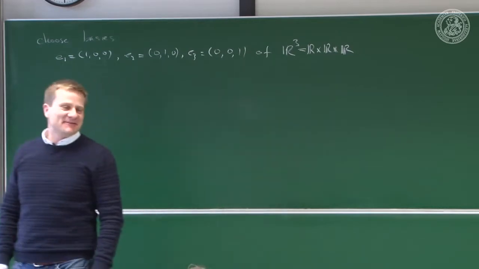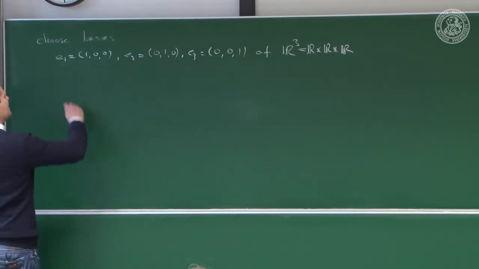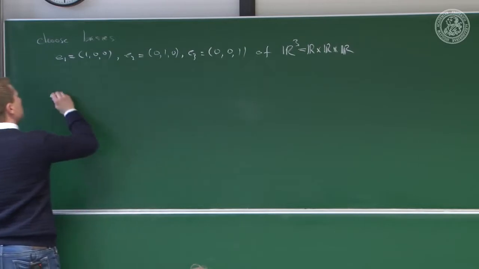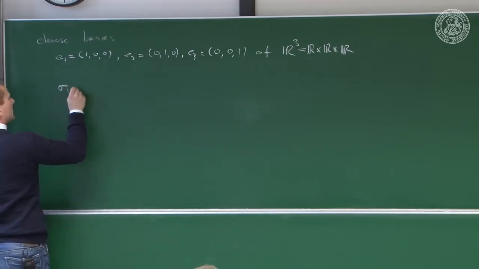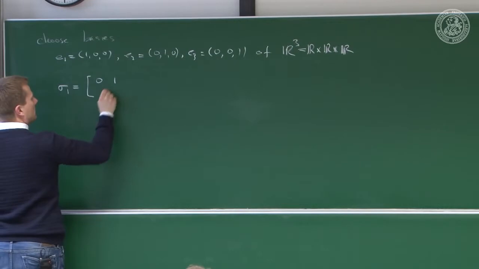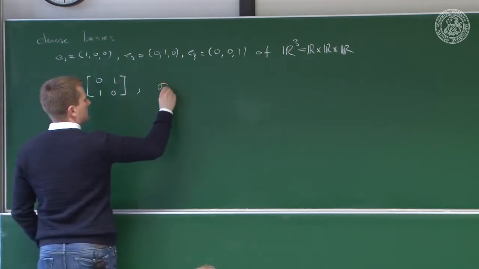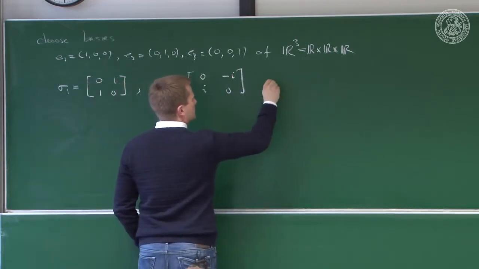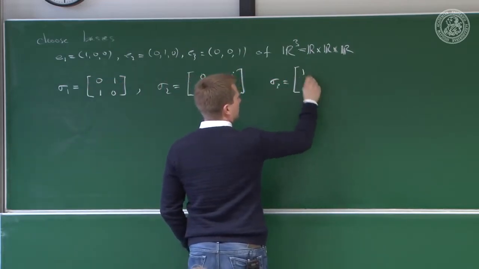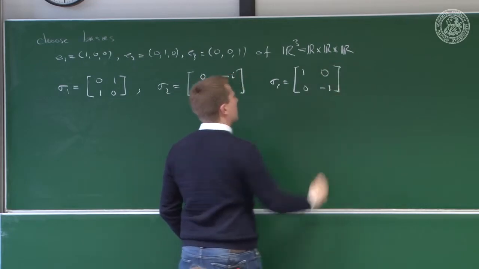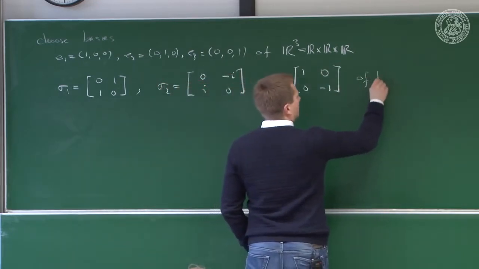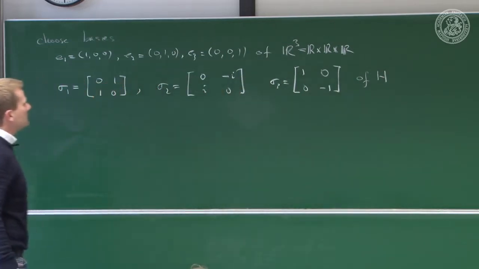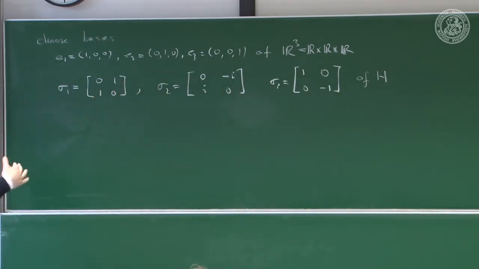Okay? So good. So we choose a basis of R3, and we choose another basis, namely sigma 1 being this, sigma 2 being this, and sigma 3 being that, as a basis of this H space, because obviously these are 3 matrices, they all are trace-free, they're linearly independent, and they're Hermitian.